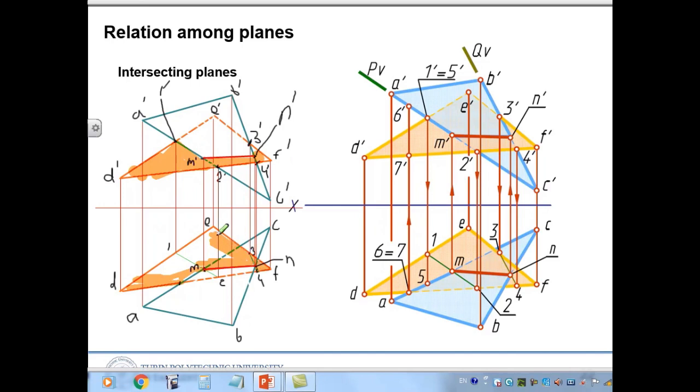So we can fill it up to understand better.